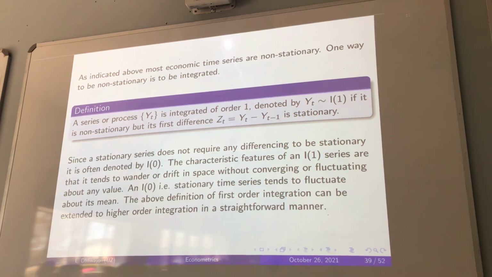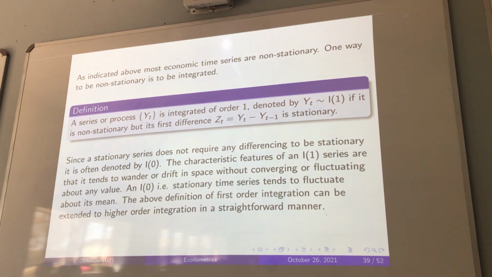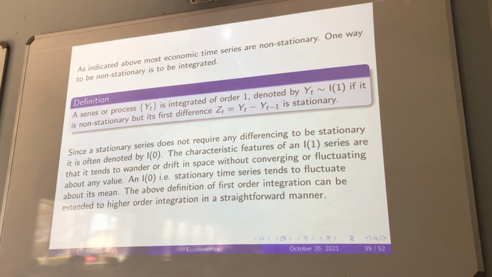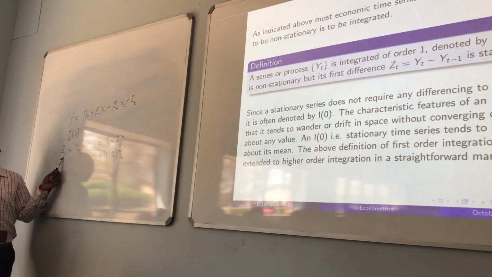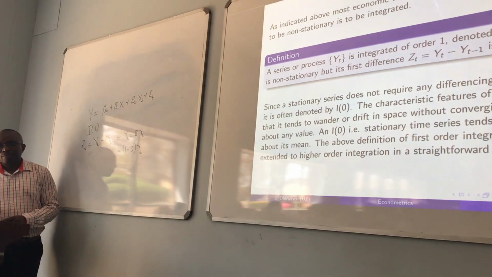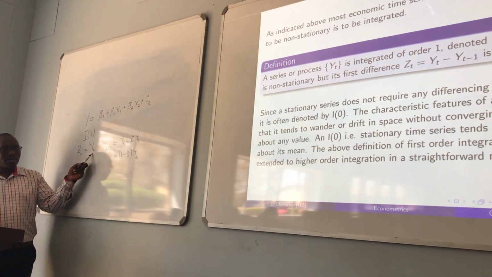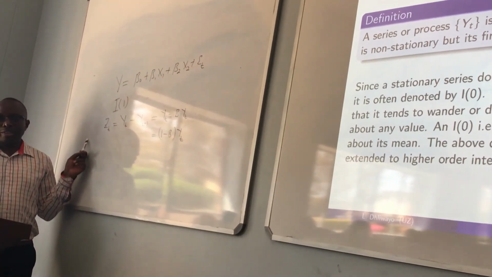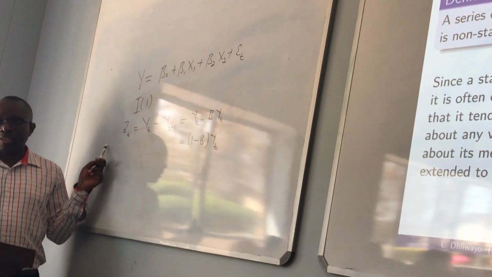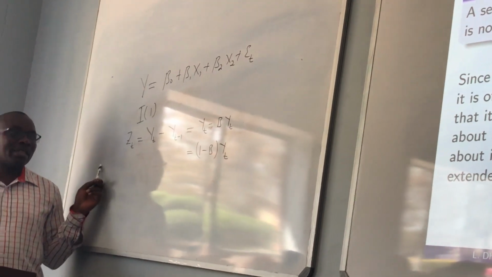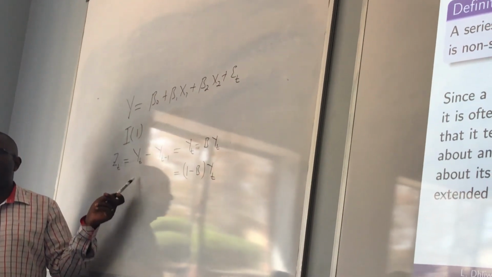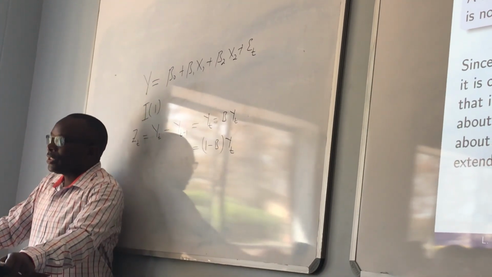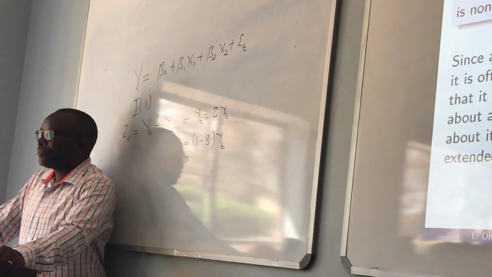So this Yt is non-stationary. But after differencing it, we get a series Zt. We are saying that Yt is non-stationary, but if the first difference is stationary, then it is I(1). Sometimes after differencing once, it's still non-stationary. Then you difference it again to get another series, which you can call Xt. So if Xt becomes stationary after differencing Yt twice, then you say Yt is integrated of order 2.